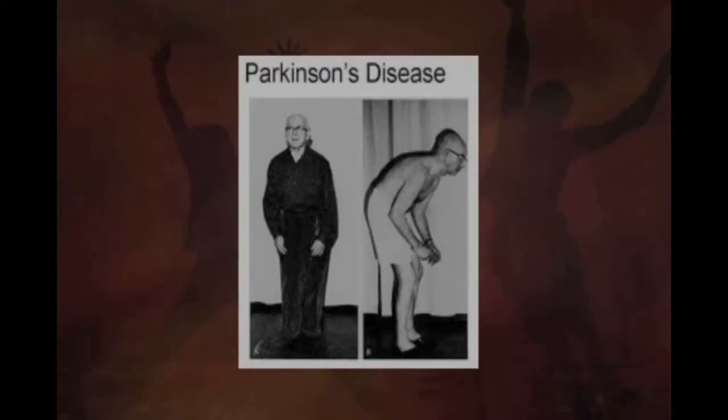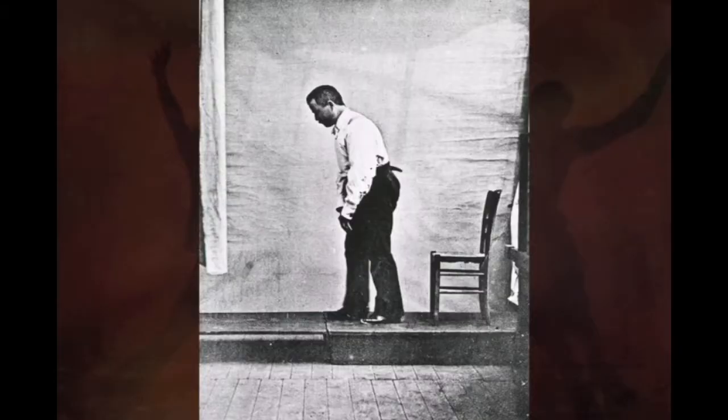Parkinson's disease is characterized by a progressive loss of muscle control, which leads to trembling of the limbs and head while at rest, stiffness, slowness, and impaired balance. As you are seeing in the picture which I am showing right now, as symptoms worsen, it may become difficult to walk, talk, and complete simple tasks.